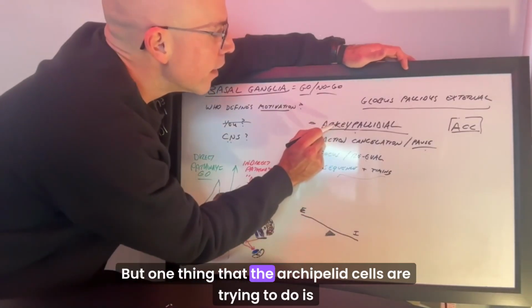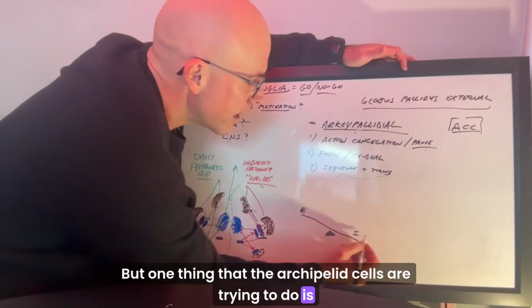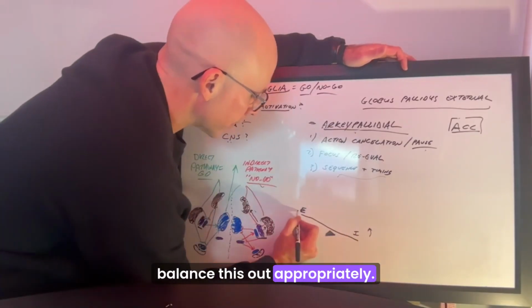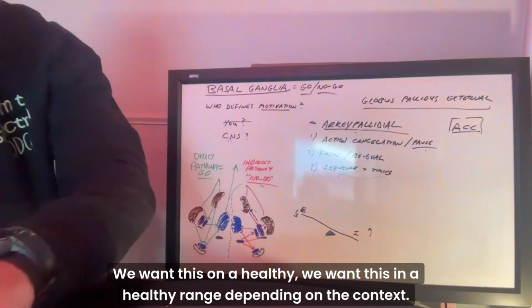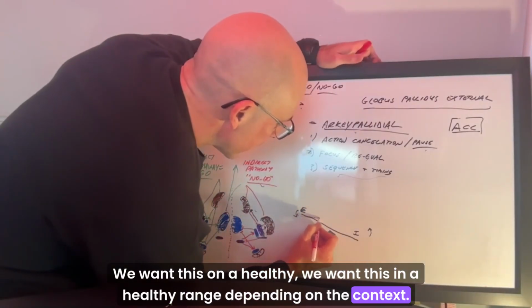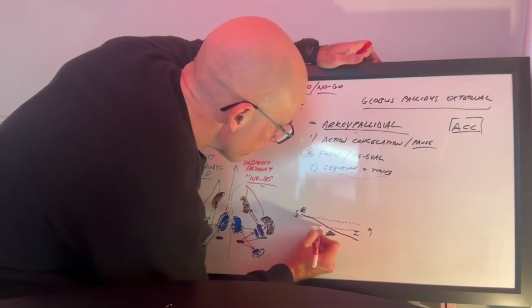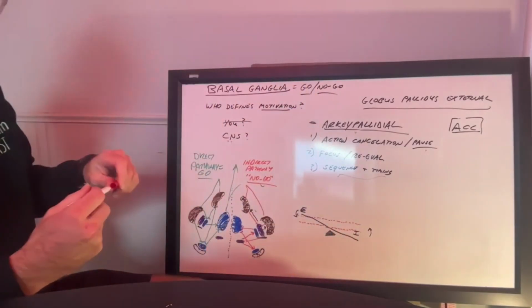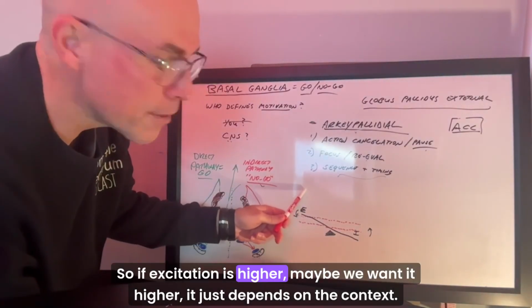But one thing that the arkypallidal cells are trying to do is balance this out appropriately. We want this in a healthy range, depending on the context. So if excitation is higher, maybe we want it higher.